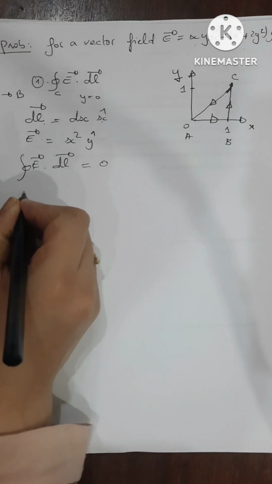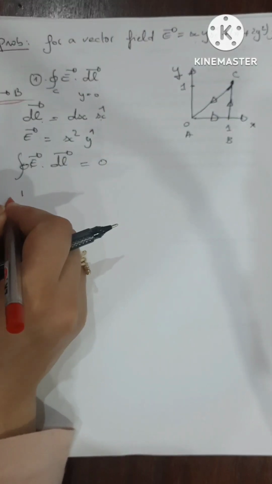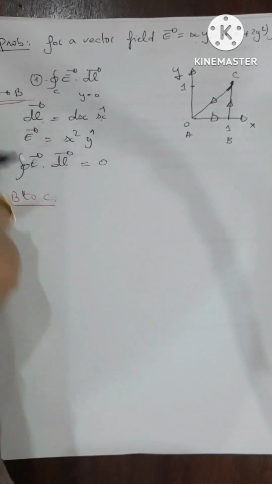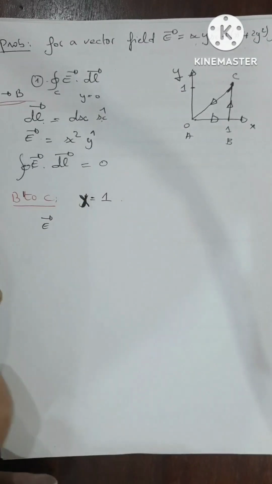So 0 from A to B, then from B to C. Now from B to C, we have x constant equals 1.